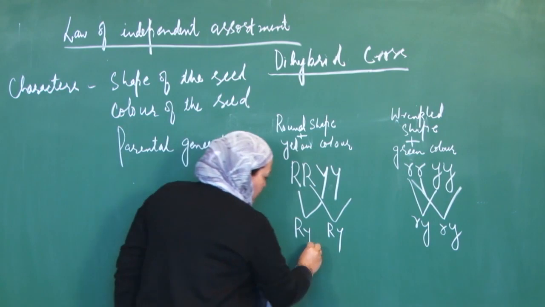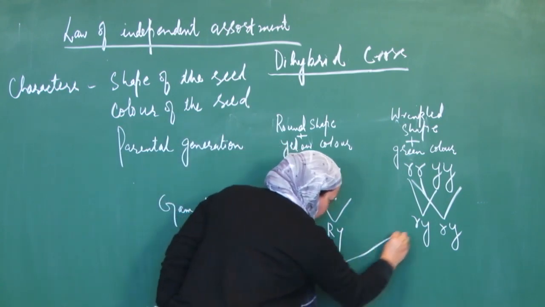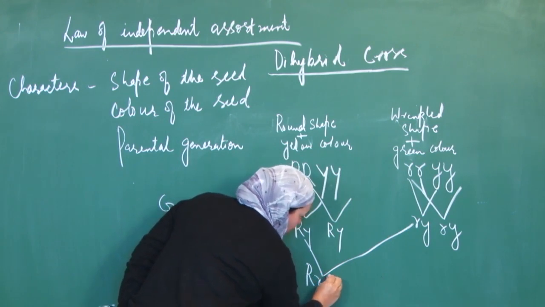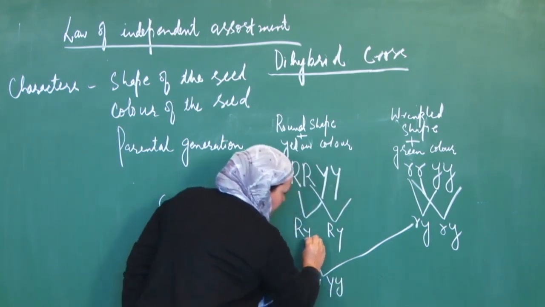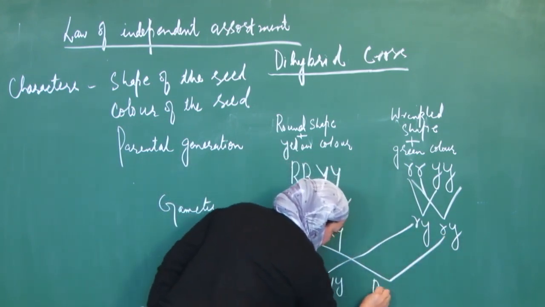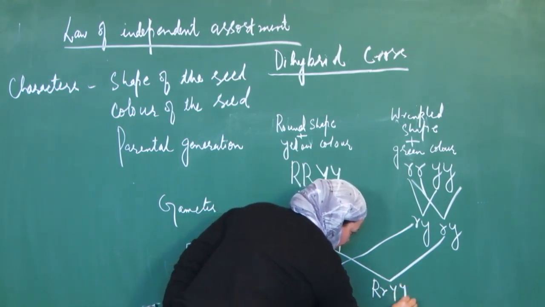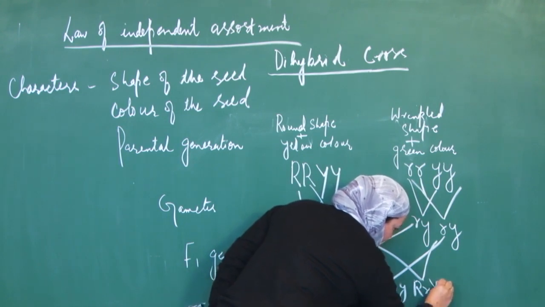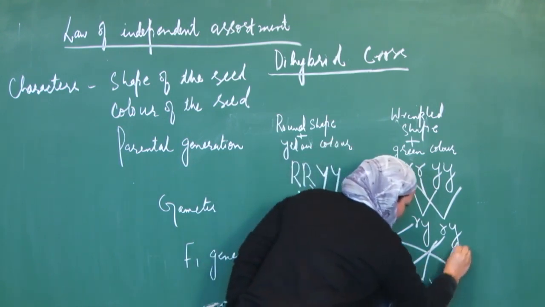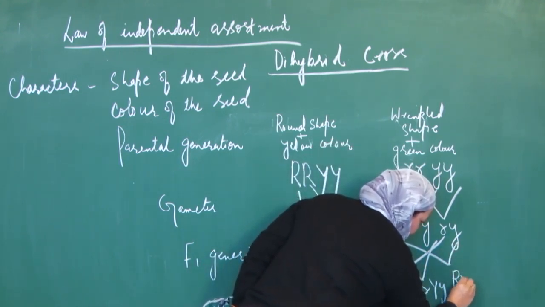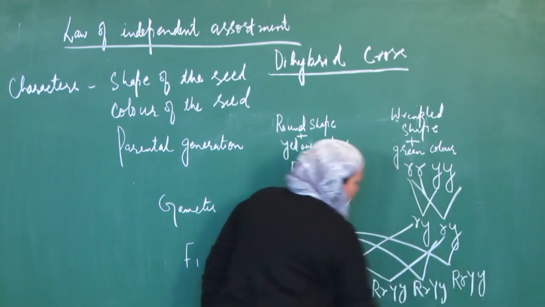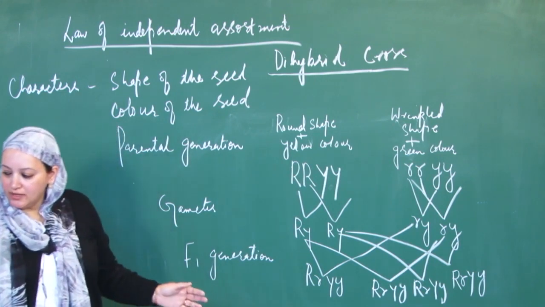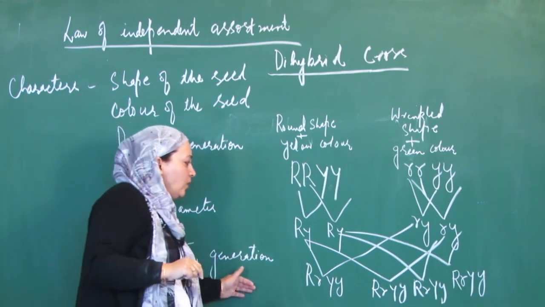In F1 generation, he found that all the pea plants were round and yellow. Round and yellow. F1 generation, all the pea plants were round and yellow.